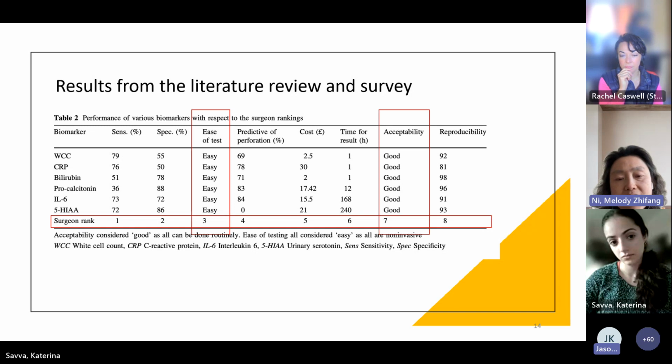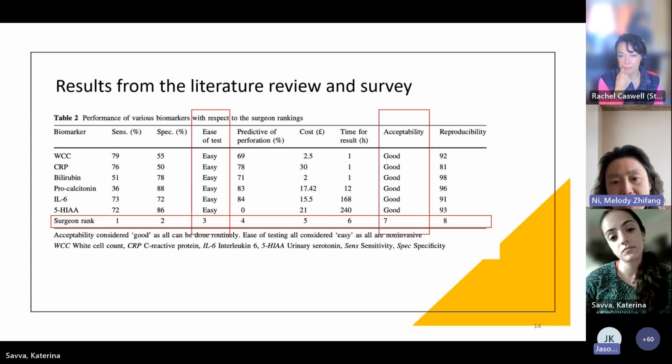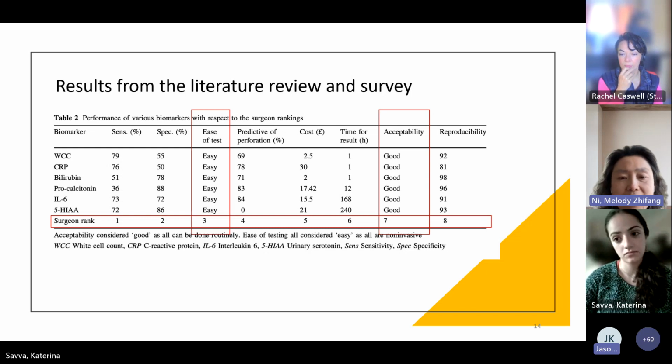So how easy it is to do the test, how predictive it is of the perforation risk of a patient having appendicitis, how much it costs, how long it takes to generate the results, how acceptable it is to the clinician and the patient, and how reproducible the results might be. The reason I have these 2 red boxes will become clear to you later.